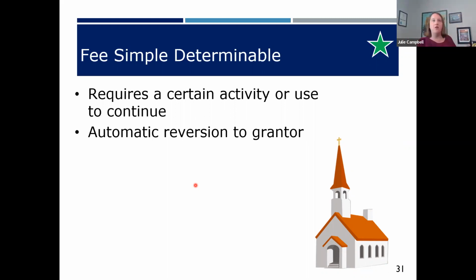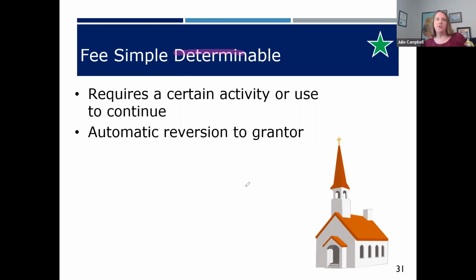The moment you do something non-religious on it, the property goes back to the grantor, the person that gave it to you. In this case, though, you don't have to go to court. Excuse me, the grantor doesn't have to take you to court. It's already been determined that when you break the rules, they get the property back.